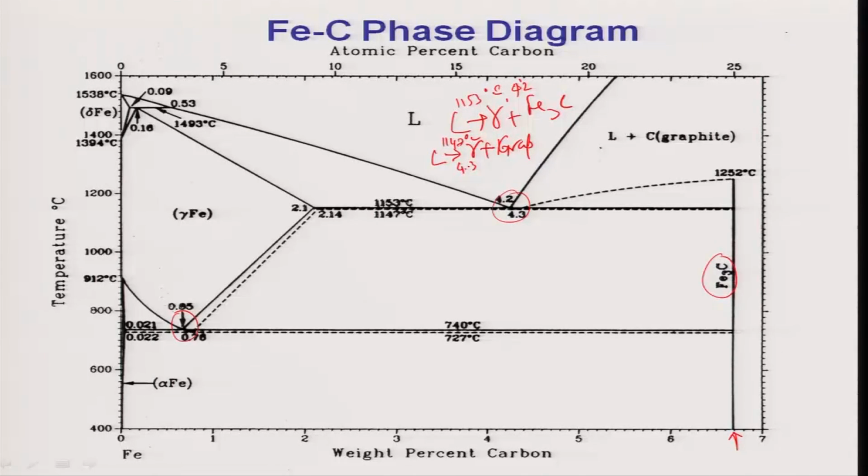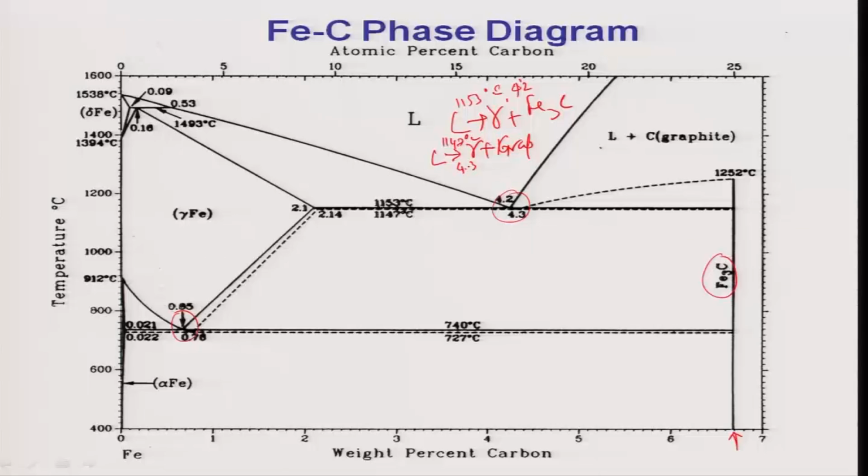This can be explained easily from the free energy formalism, which, if time permits, I will also do. Basically, what does heterogeneous equilibrium mean? As we discussed at the beginning of this course, you have to draw a common tangent between two curves. One is for the gamma, the other one is for the cementite or graphite.